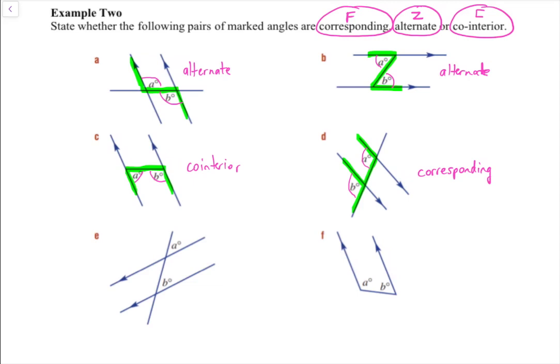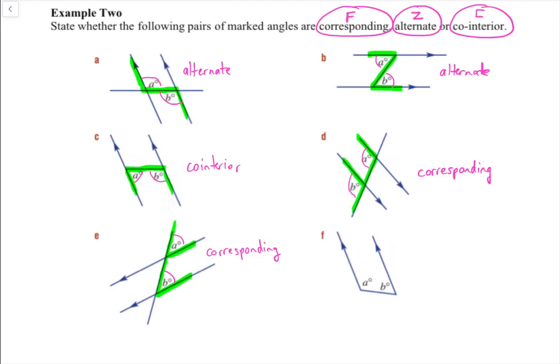For part E, I'll draw a line down there, go across there and across there. What shape is that? Well, that's an upside down and backward F shape, which is corresponding. If you turn your page upside down, you'll see that hopefully.